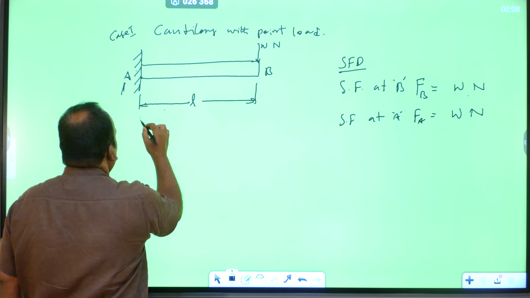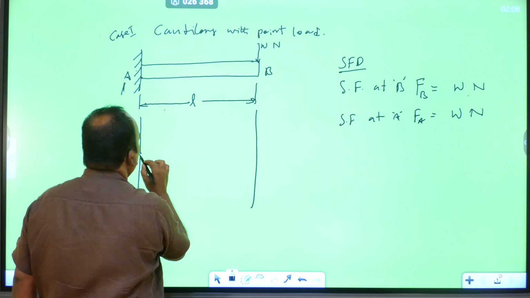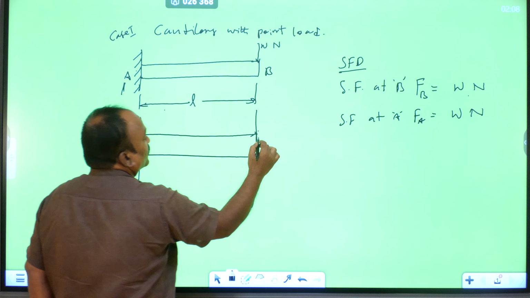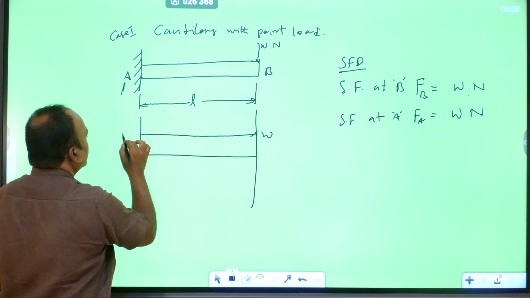At point B the shear force is W, positive, and at point A it is also W. Between A and B there is no variation, so W is carried up to A.